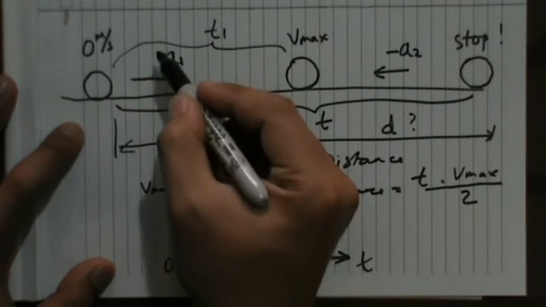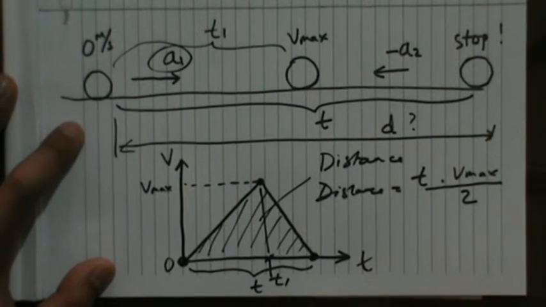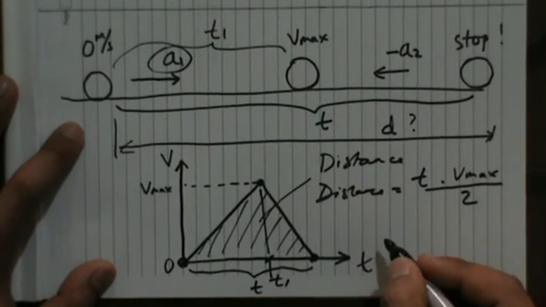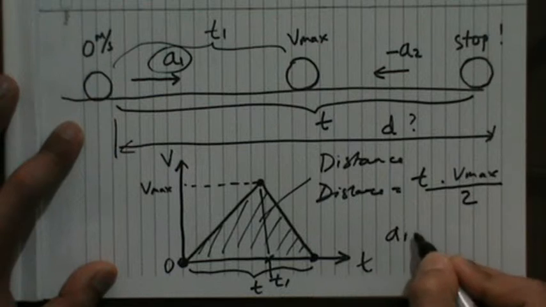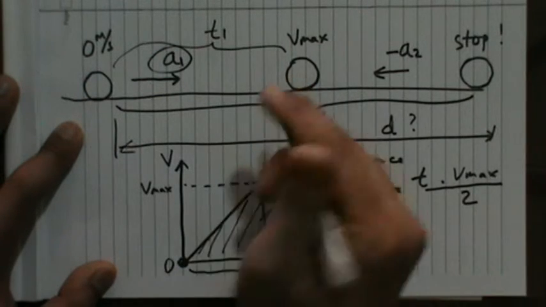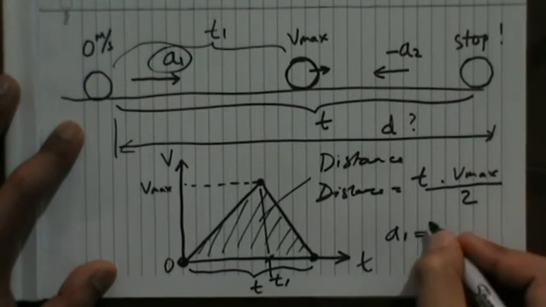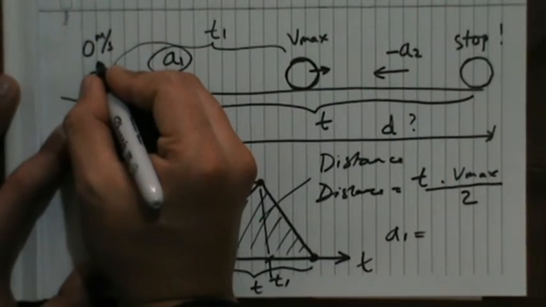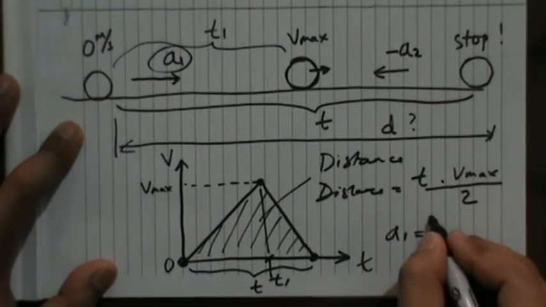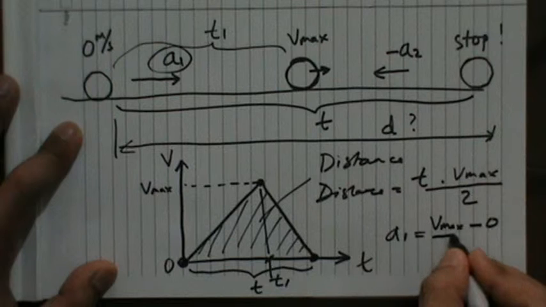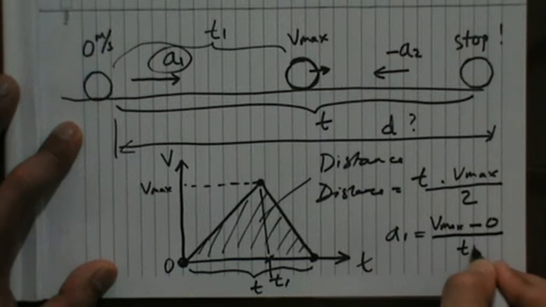Now you can define the acceleration a1 to get Vmax. That means if the final speed is Vmax and the initial speed is 0, then a1 is Vmax minus 0 divided by t1.